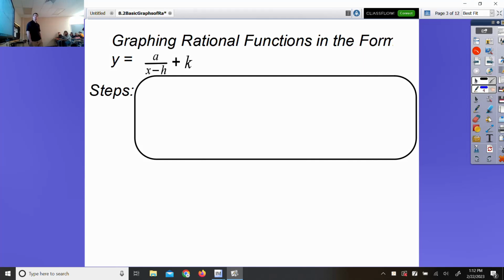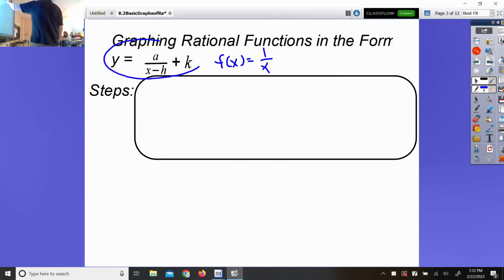All right, graphing rational functions. Y equals a over x minus h plus k. That is the transformation for mom. Anything that looks like that is a child of 1 over x. So it's going to behave like 1 over x. It's going to have asymptotes it can't cross. And it's going to have the same overall shape. I'll try and teach this as easy as I can.